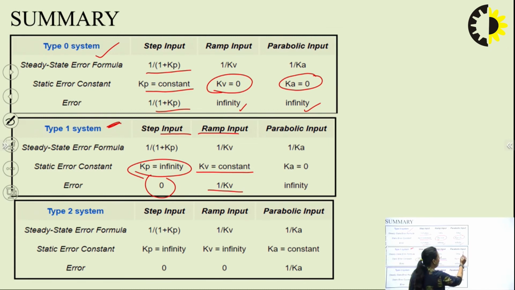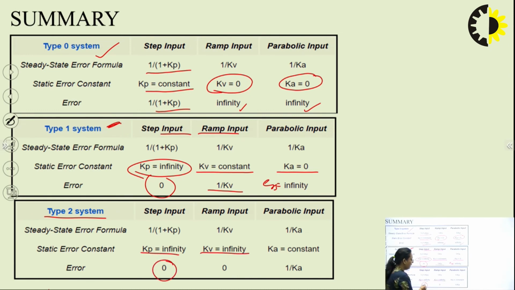But for parabolic input here, again I am getting the value of Ka as 0 and the steady state error is infinite for the parabolic input. But for type 2 system, I am getting the value of Kp and Kv as infinite. So the corresponding steady state error will be 0, and the value of Ka is some constant, and the steady state error will become 1 upon Ka.